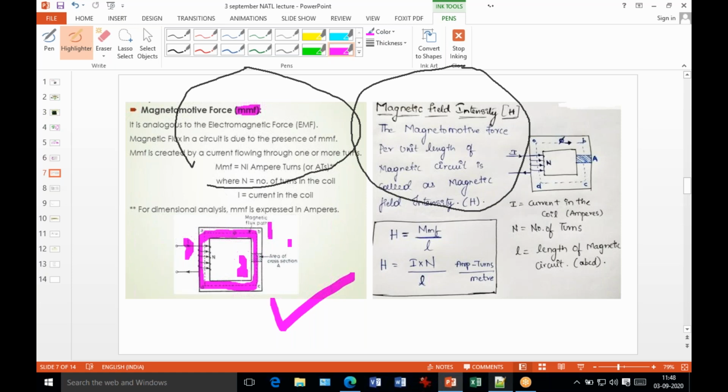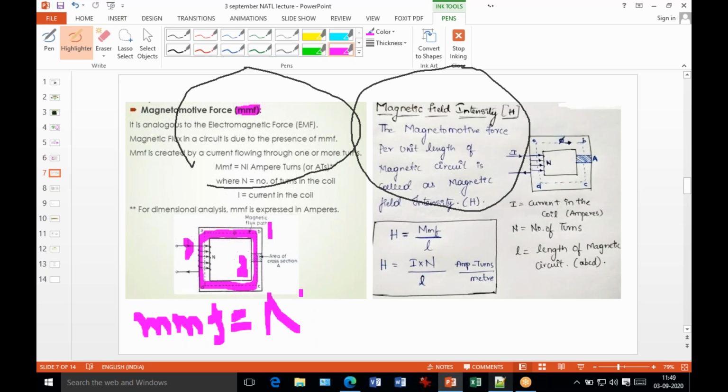So how to decide our MMF in terms of mathematics? This is a very general formula. MMF is defined by the number of turns you have connected in this layer.